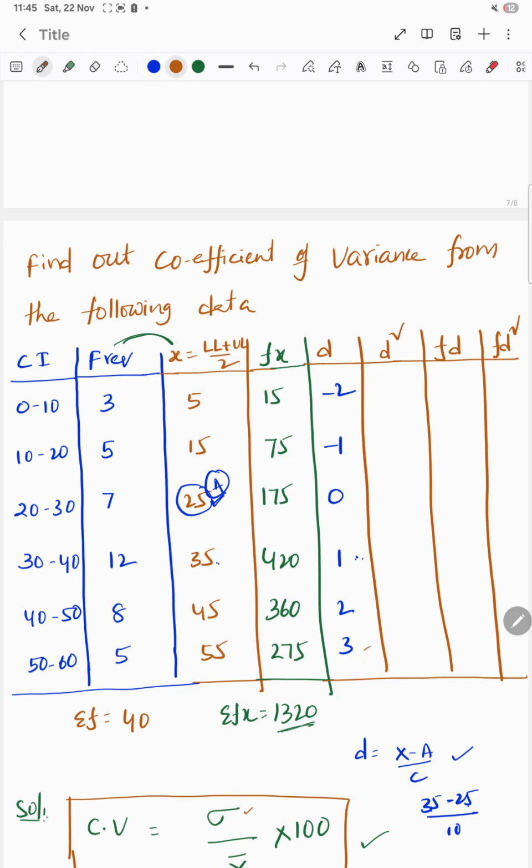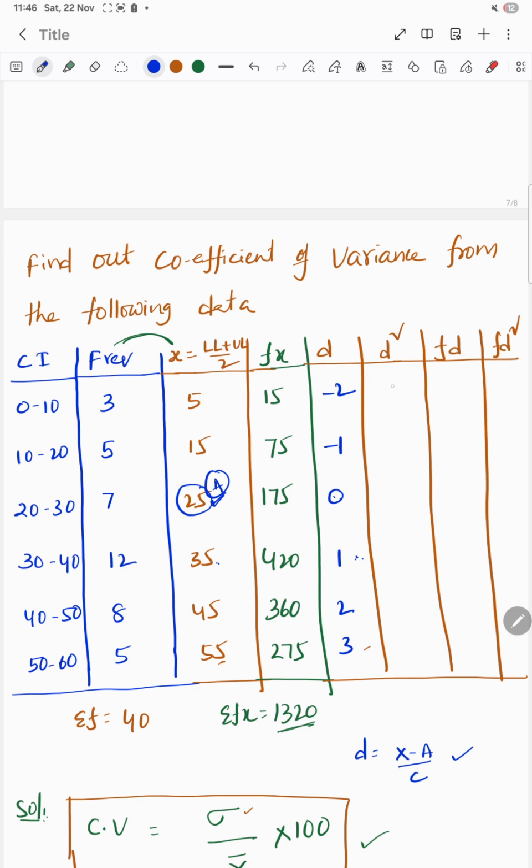For this, your x is 55, so 55 minus assumed mean, that is 25, by class interval 10. So 55 minus 25, 30, 30 by 10 means 3. But I have given a short form to save time in the exam. So whatever assumed mean you have, you take 0 corresponding to it, above it minus 1, minus 2 and so on, below it 1, 2, 3 and so on.